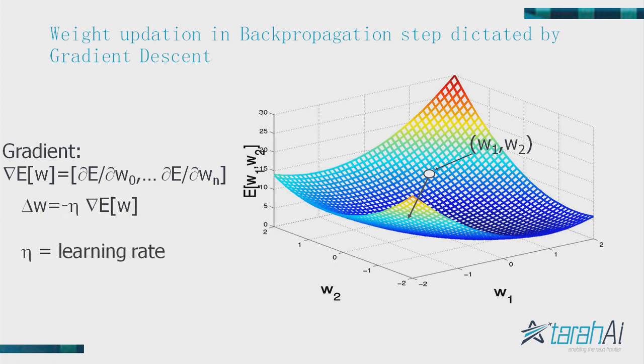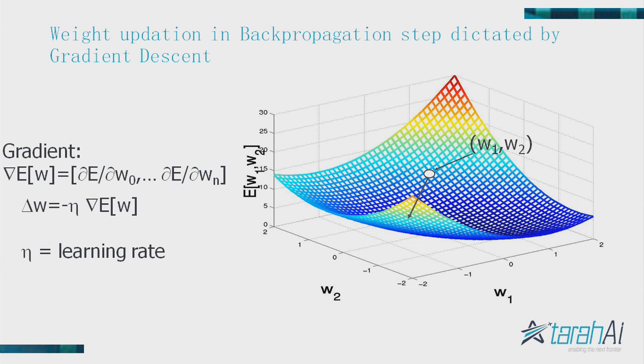Then you all know there is something called the learning rate, which dampens the process of reaching the minimum, right? So what is the final delta W? Delta W is basically the learning rate times the partial derivative of the error, which is the delta on output, with respect to each of the weights.